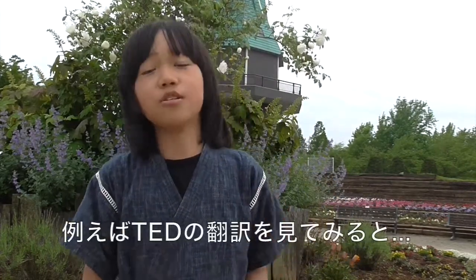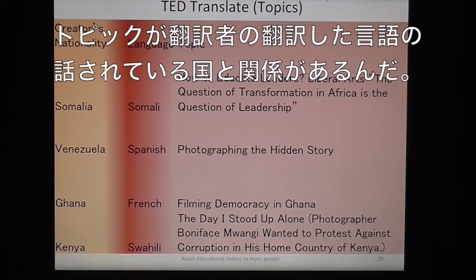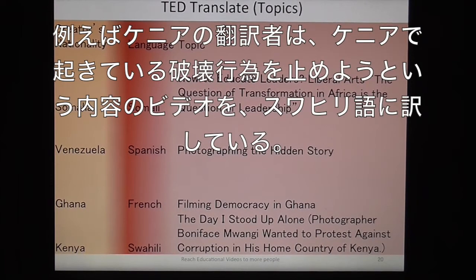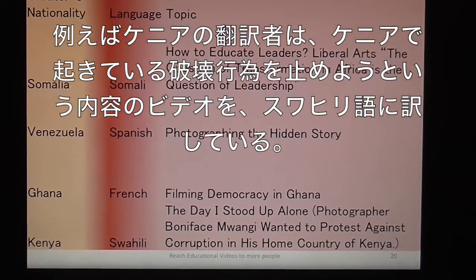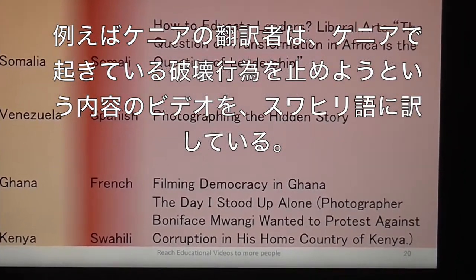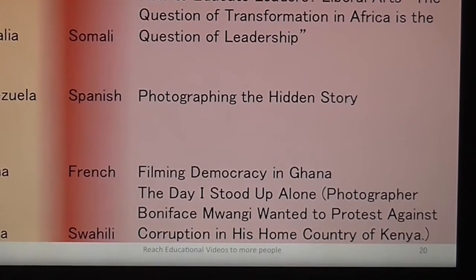For example, on Can Translate, the topic is related to what's going on in the translator's home country. For example, a translator from Kenya translated a video into Swahili about stopping corruption in Kenya.